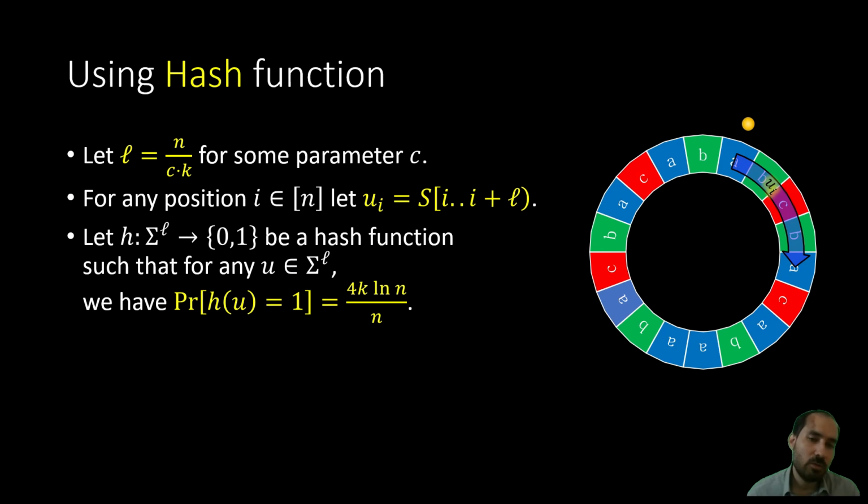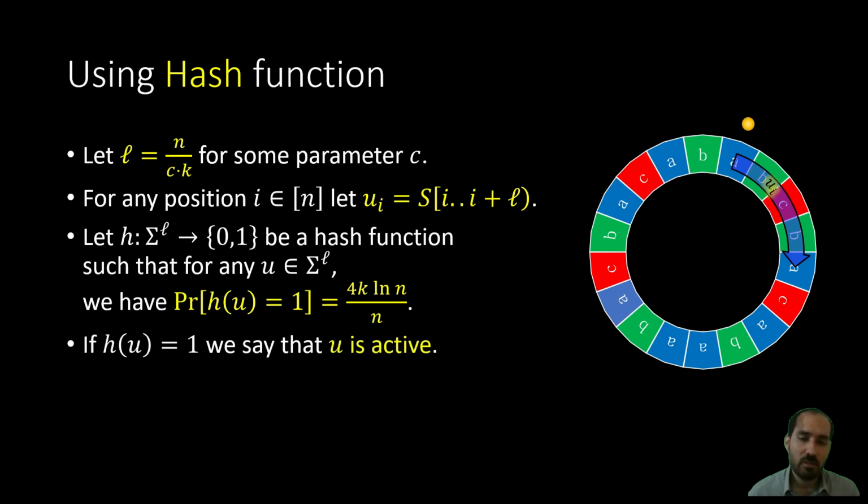And now we use a hash function from strings of length L to 0 and 1, such that the probability of any string to get 1 in the function h is about k over n. It's 4k ln n over n. And we say that string u is active if it has value 1 under h.